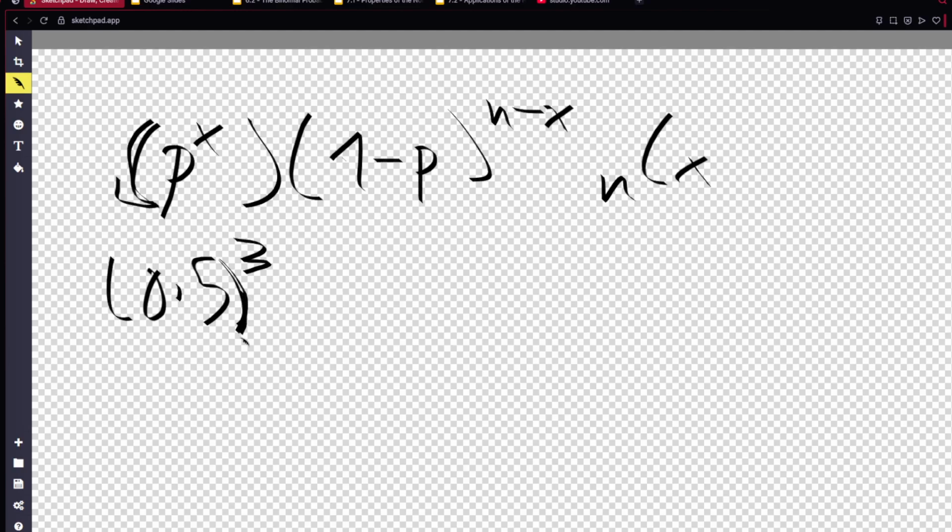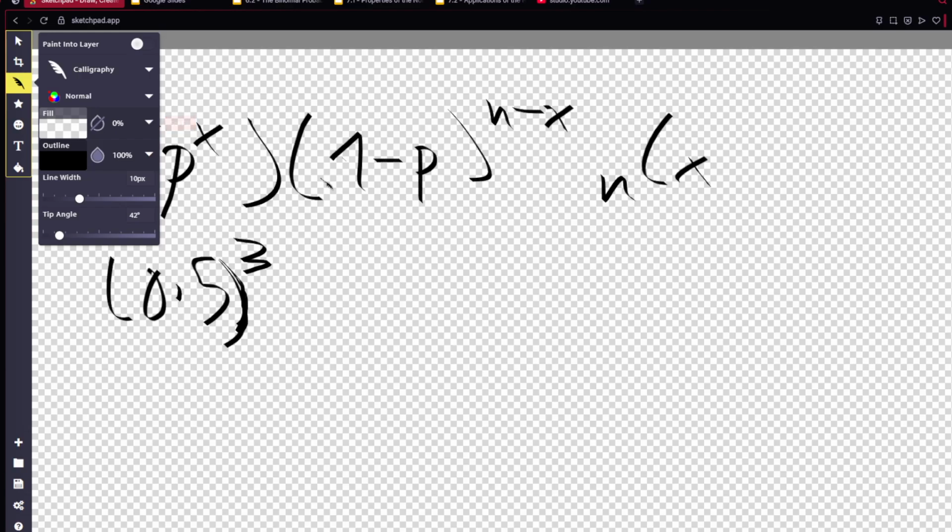However, this isn't sufficient, because this only guarantees that 3 people like candy. 4 people can also like candy. And all that does is make the sample space a little bit bigger, because we'll multiply it by another 0.5, which is 1 over 2. And so on and so forth. So it's a higher probability that 3 people will like candy than guaranteeing that 4 people will like candy, and more than guaranteeing that 5 people like candy, and guaranteeing that 6 people like candy.